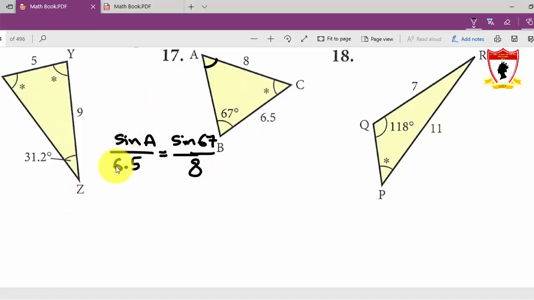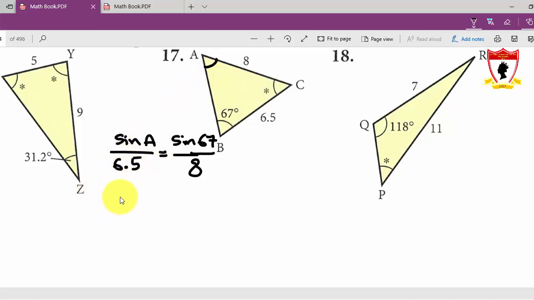Now, through this, we're going to find angle A. Then, we know the sum of all the angles in a triangle is equal to 180. Then angle A with this 67 helps to find C. Then angle C itself helps to find the opposite of it, but the opposite of it is not necessary in this question. So angle A helps to find angle C.